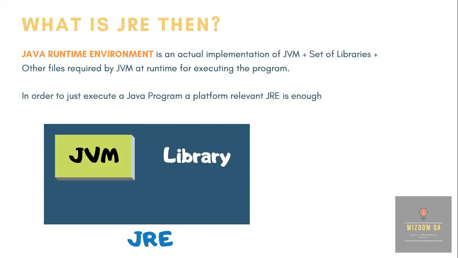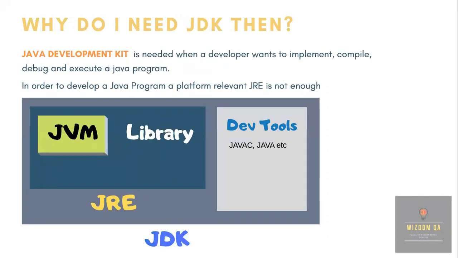So let's move on to the next slide. JDK, Java Development Kit. So we understand one thing. First is the Java Virtual Machine. It is an abstraction, a concept, basically an abstraction on top of the operating system. That's one thing. Second thing is JRE. JRE is the actual implementation of the JVM plus certain library functions that help you to execute the program.